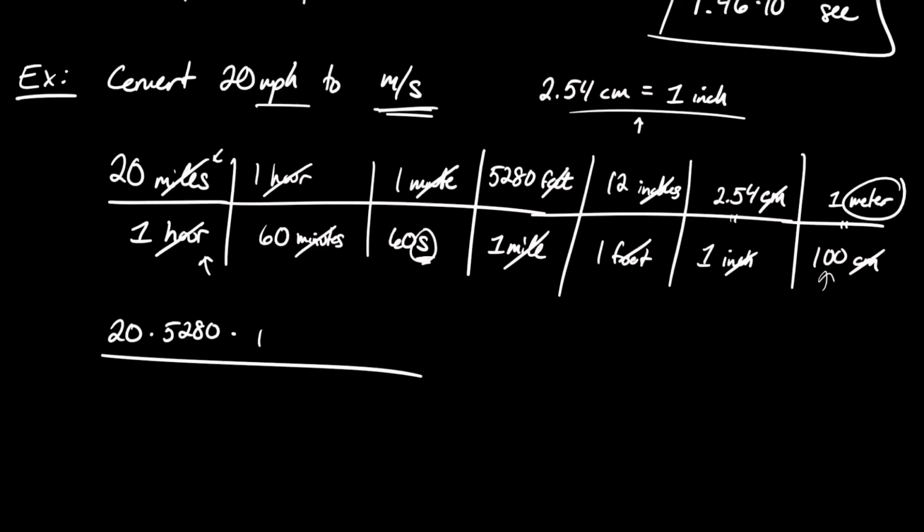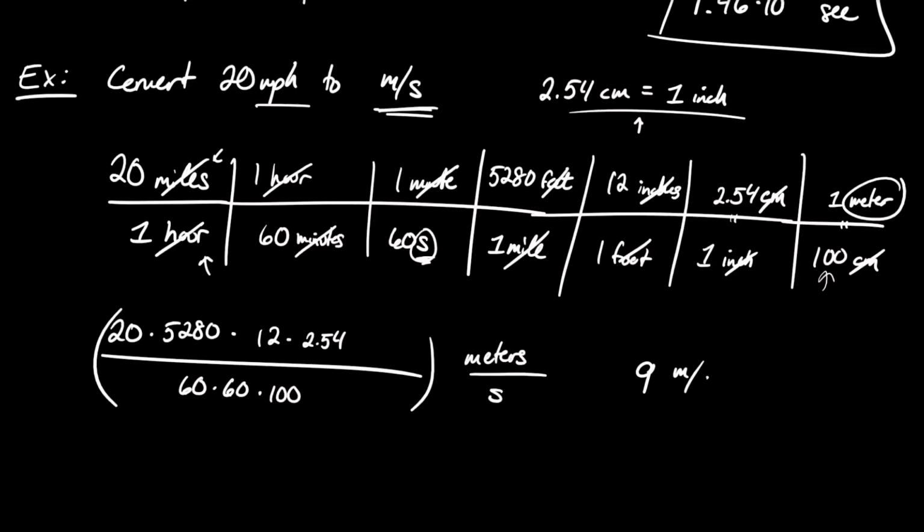Times 12 times 2.54. And then in the denominator, we have 2 factors of 60 and 1 factor of 100. And the surviving unit is meters per second. And if you compute this giant mess right here, it turns out to be approximately 9. So the answer is going to be 9 meters per second is the same thing as 20 miles per hour.